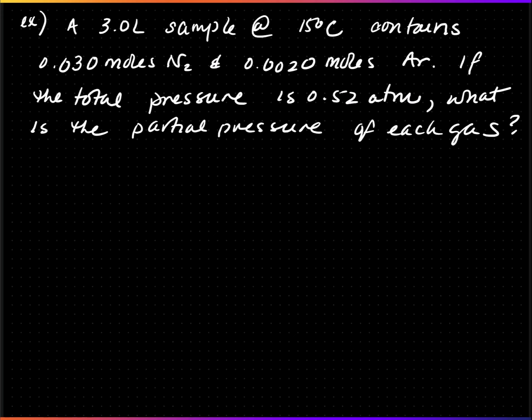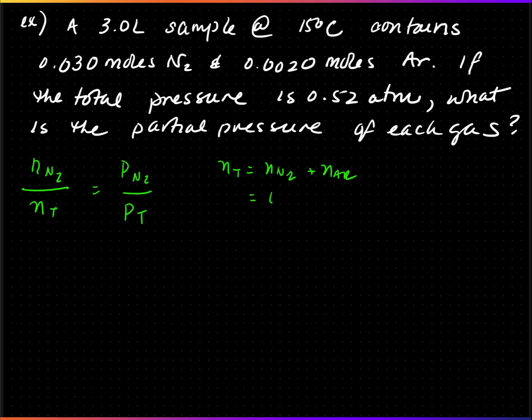We have 2 gases here, nitrogen and argon. N of N2 over the total moles is equal to the partial pressure of N2 over the total pressure. We know the total moles because N total has to equal N of N2 plus N of argon.